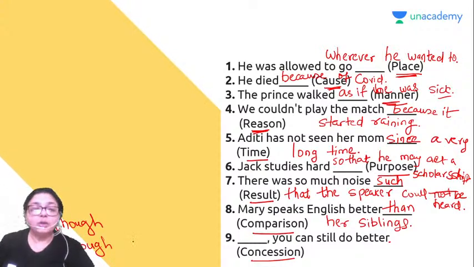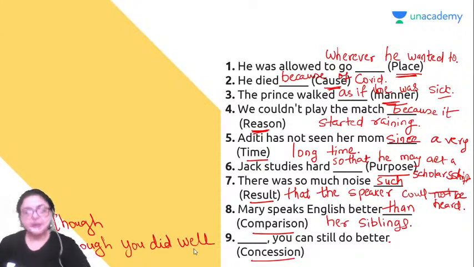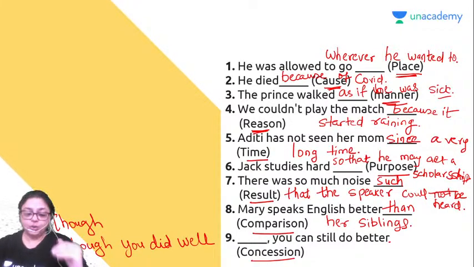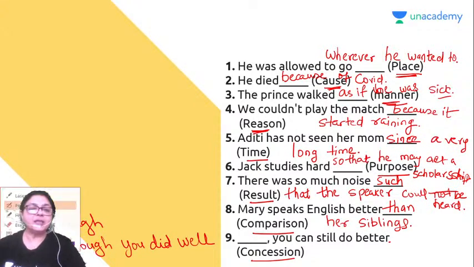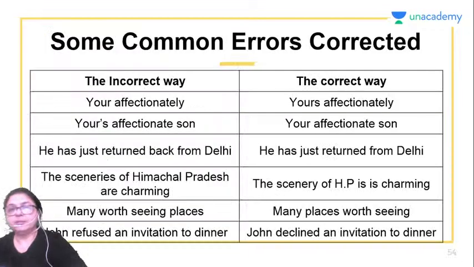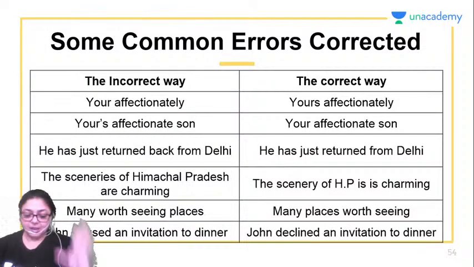Now, although you did well, you can still do better. Although you did well, you can still do better. Okay. So now this was our small exercise to solve all the kinds of adverb clauses. That is the second topic that I was talking about.